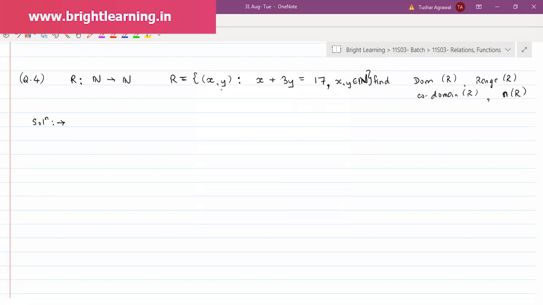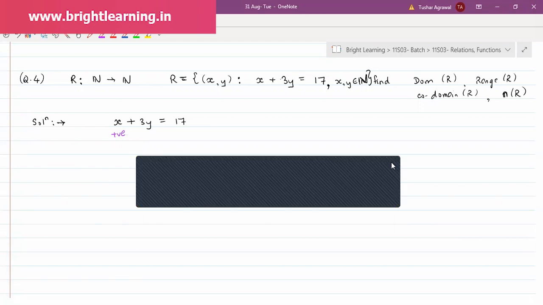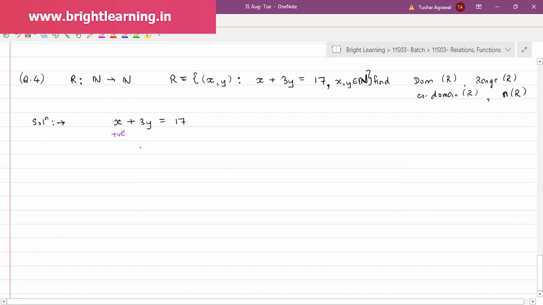No response. Okay. R equals the set of (x, y) such that x plus 3y equals 17. See now x and y both are natural numbers, and x plus 3y is equal to 17. Know that x is a positive natural number. So we have 3y equals 17 minus x, means 17 minus a positive number.